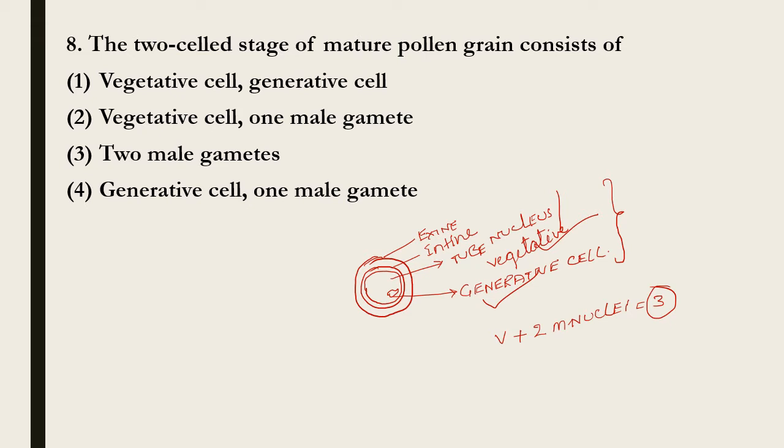In 60% of angiosperms, pollen grains are shed at the 2 cell stage, and in the remaining 40% of angiosperms, the pollen grains are shed at the 3 cell stage.